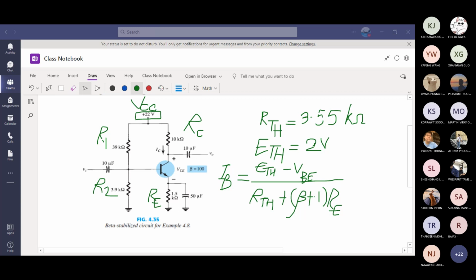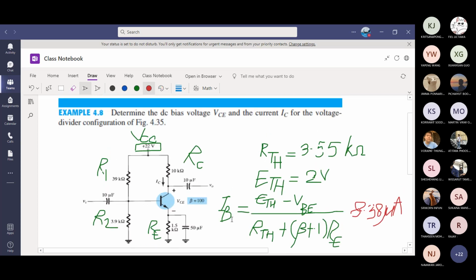Yeah, we can say 8.38 microamp, no problem.